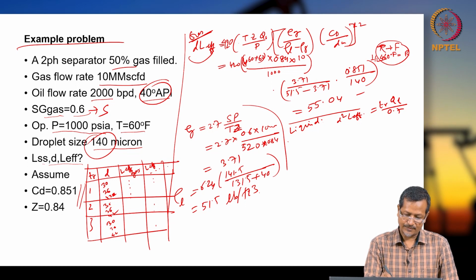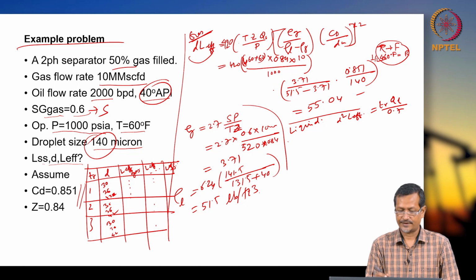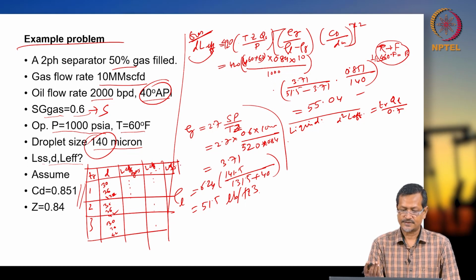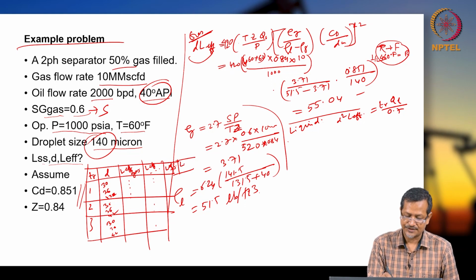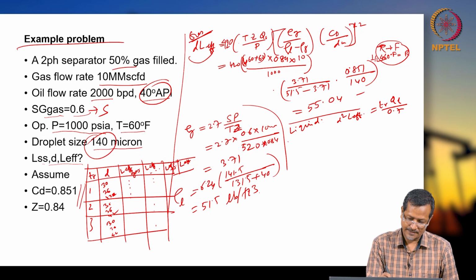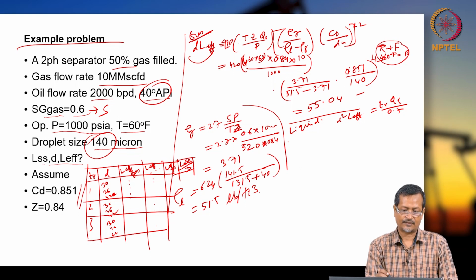Then you can calculate LSS, the seam to seam length. Once you get seam to seam length, you can calculate slenderness ratio, LSS divided by D.